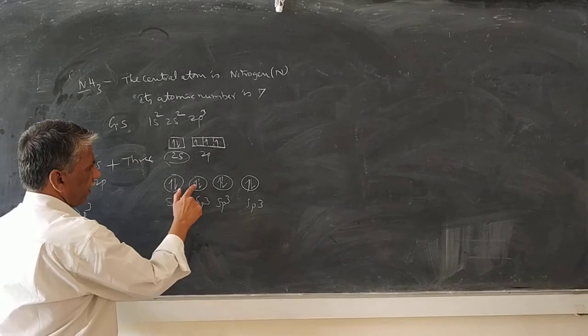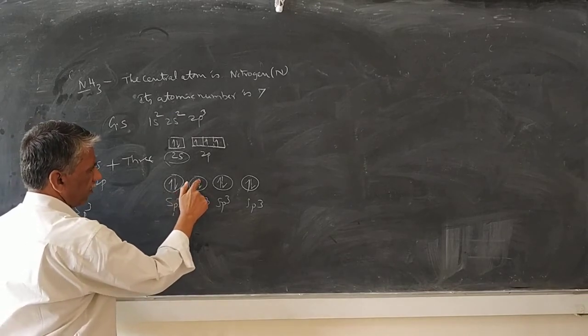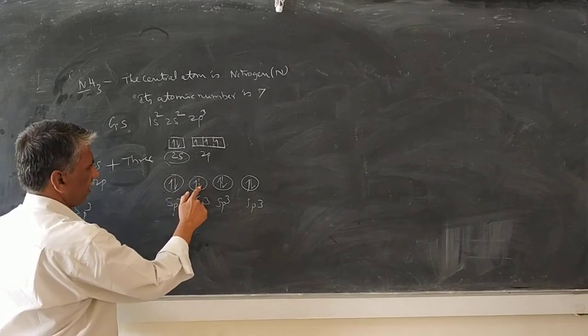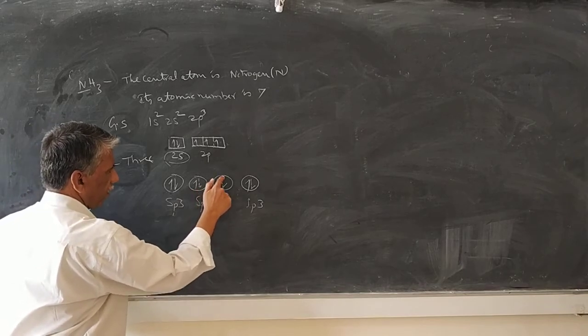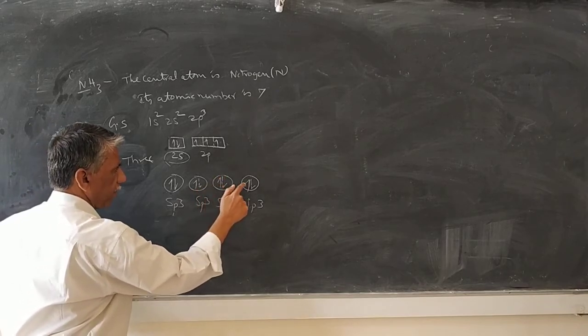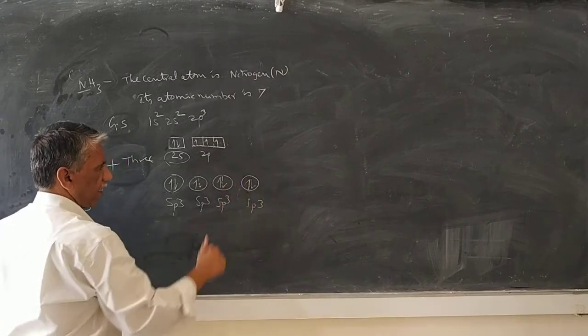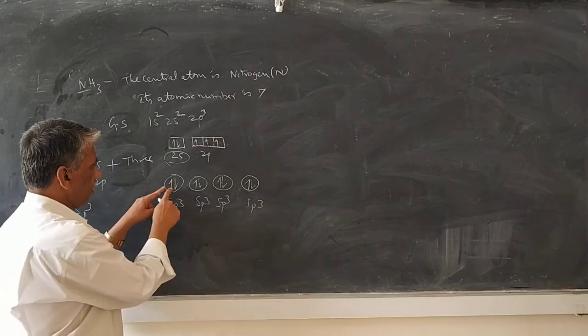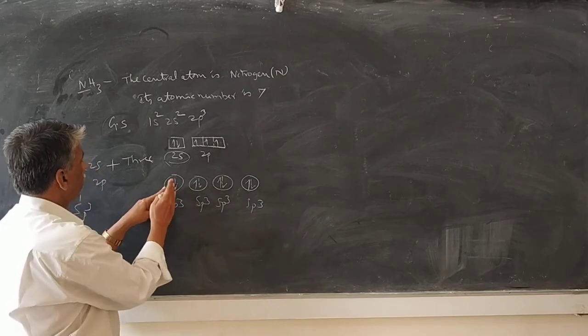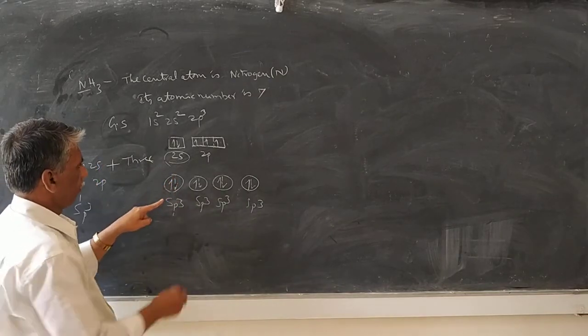Okay? This is the electron of nitrogen. This is the electron of the first hydrogen atom. Electron of nitrogen, this is the electron of the second hydrogen atom. Electron of nitrogen, and this is the electron of the third hydrogen atom. Okay? And here both the electrons belong to the nitrogen atom only.